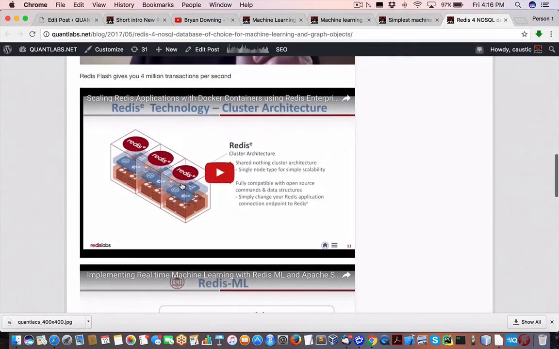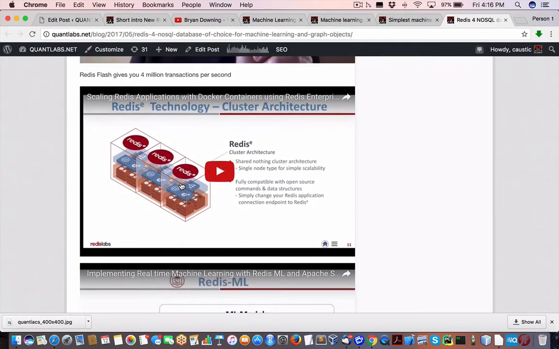What they've done is add a new major feature called modules. So you can keep the core and build on top of the core version of Redis, and keep the version of Redis small and minimalistic.